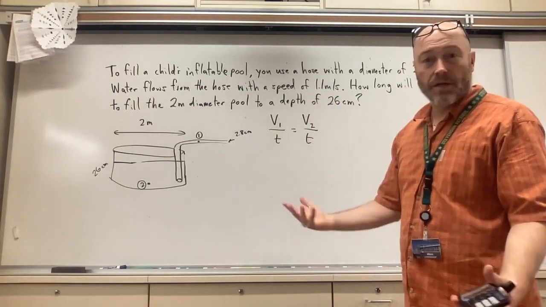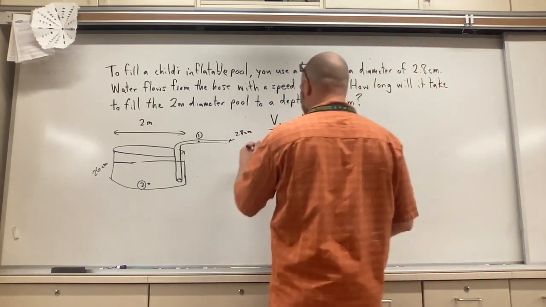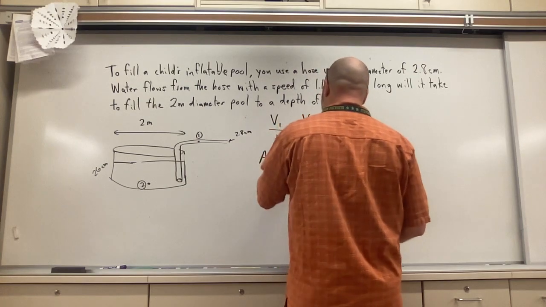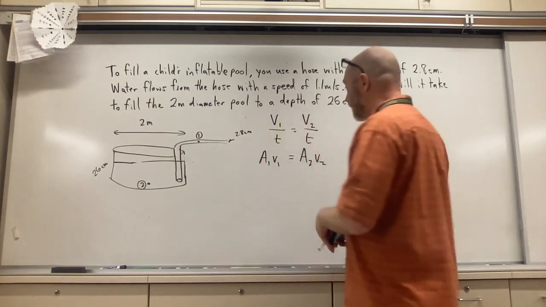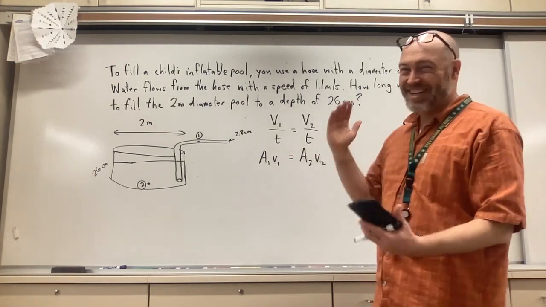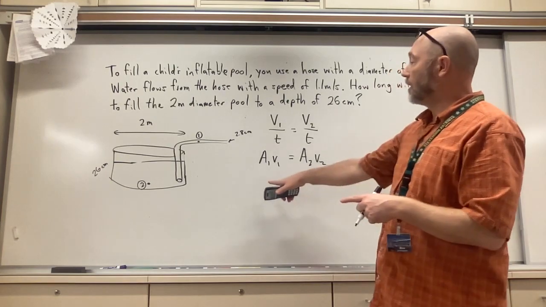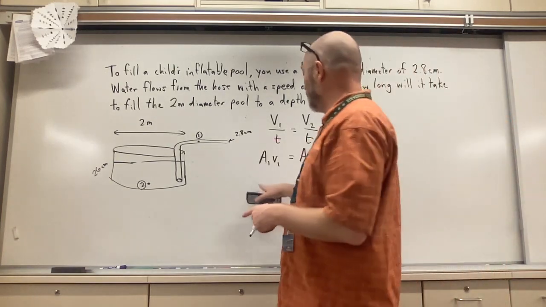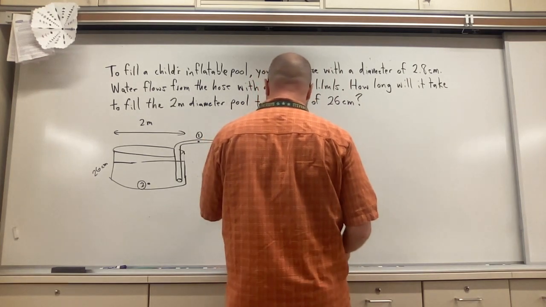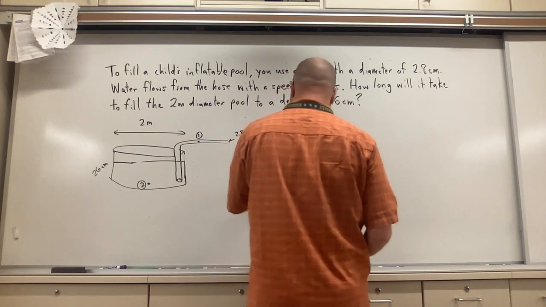Now, if you want to use the equation of continuity, which this is really the equation of continuity, that's A1 times V1 equals A2 times V2. Now, if you're not sure how I went from here to here, watch the last video about that, and it's an amazing video. It's so good, and that will explain it. But if you take a look, area of this part, the hose, is going to be pi times 0.014 squared.